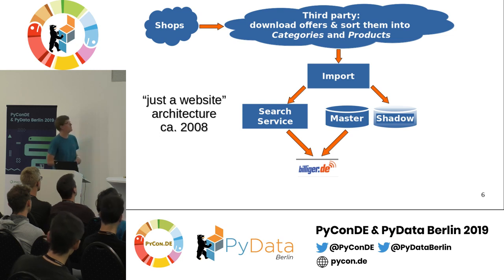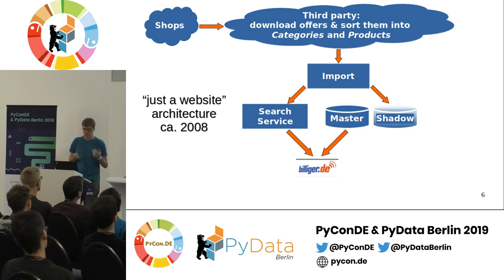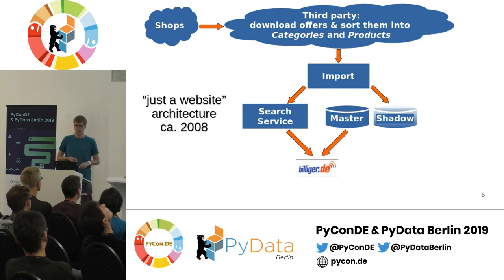So how did we get the data into the master database that is used for serving billiger.de? There were obviously the shops providing all the catalogs, giving us their data, but there was a third party involved, and this third party downloaded the data and sorted them into categories and products. And then Salute imported this, and as you see, there's this shadow database.